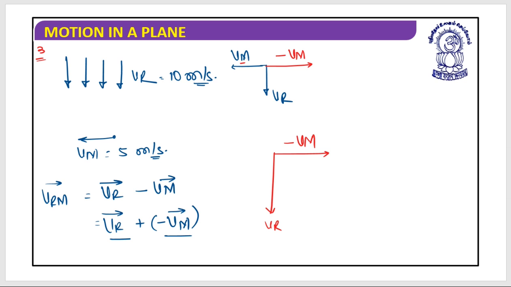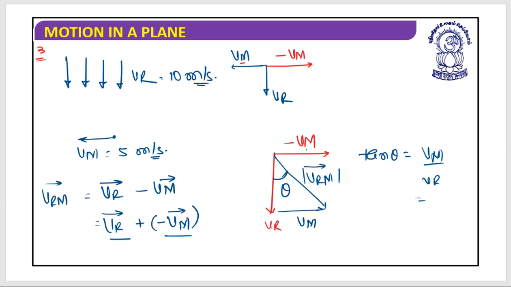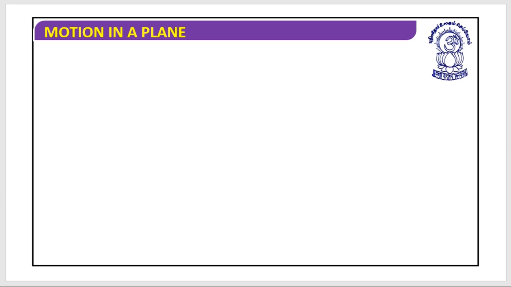This is the VR. The resultant of these two vectors should be in this direction. It's VRM, and this is the angle theta. I hope these things are clear. If this is VM, even this must be the VM. So my tan theta should be equals to VM by VR, and VM is 5, VR is 10, it's 1 by 2. Yes.